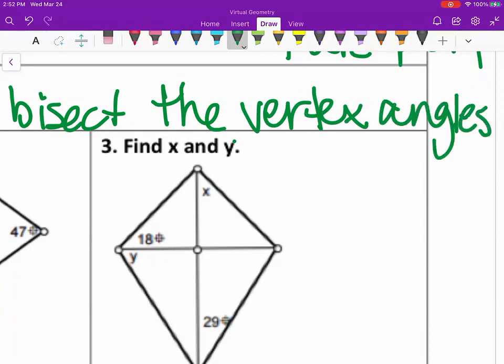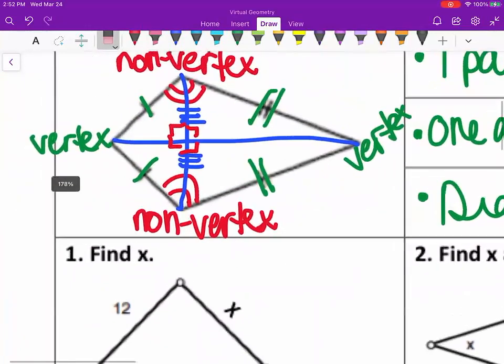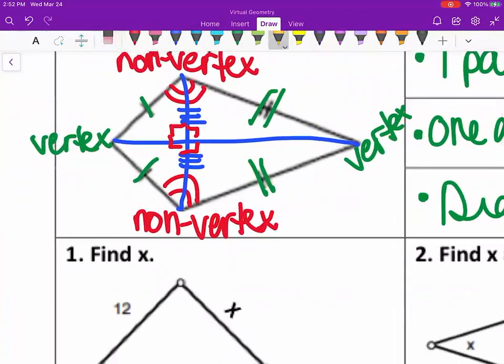So not every angle in the kite is being cut in half, only the ones from the vertices, only the ones from those isosceles triangles. So these two pieces would be congruent to each other, and the same thing at the other angle. It would be cut in half, making 2 congruent pieces as well. So let's see how we use all of these different properties.